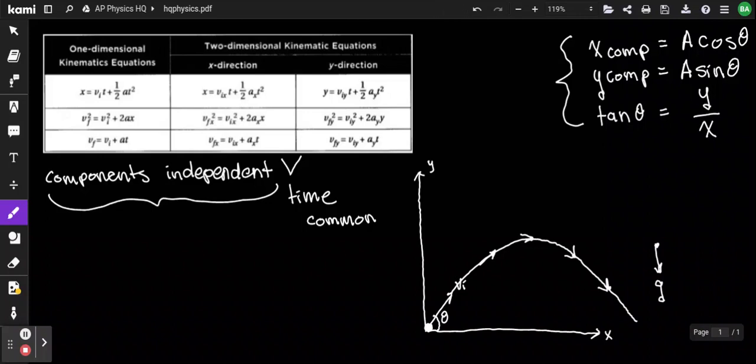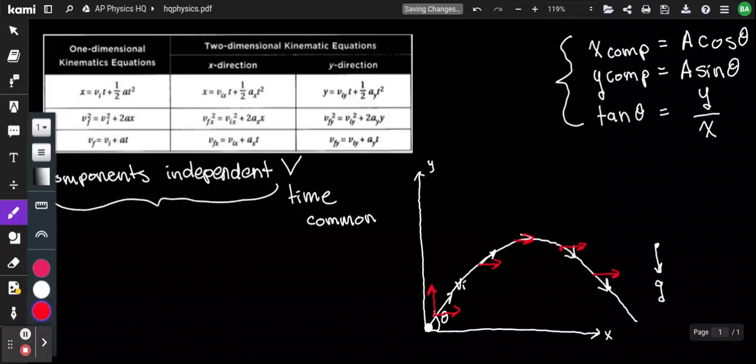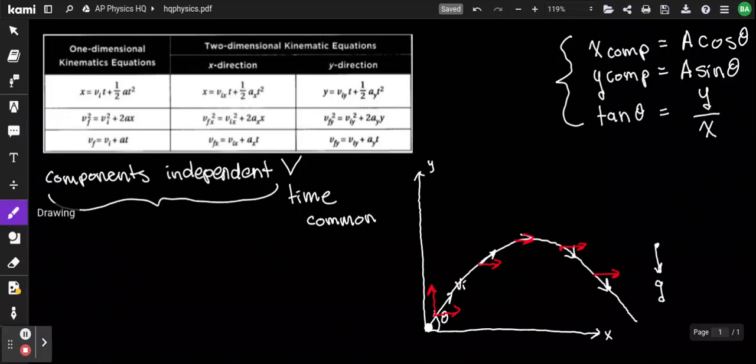Looking right here, if we broke up our initial velocity into our y and x components, like so, our x component would stay the same the whole time, like so.